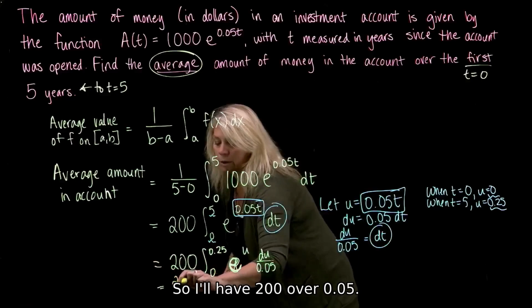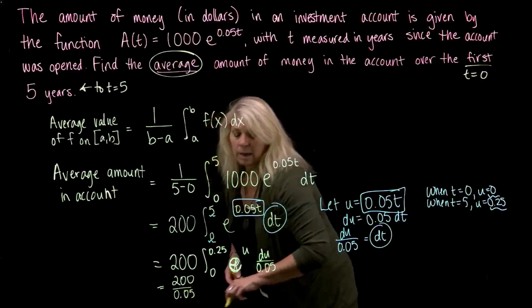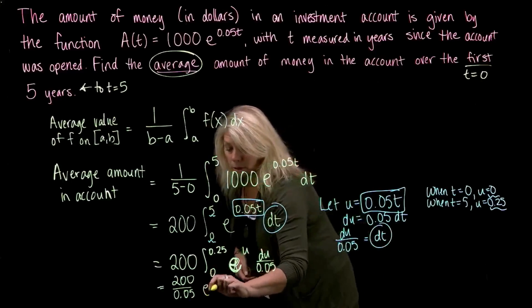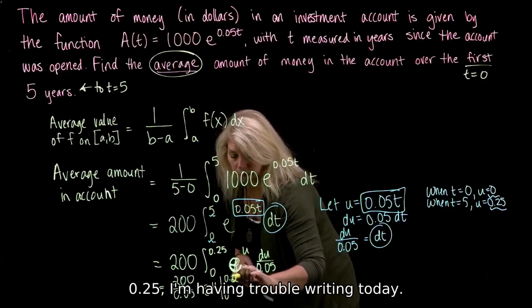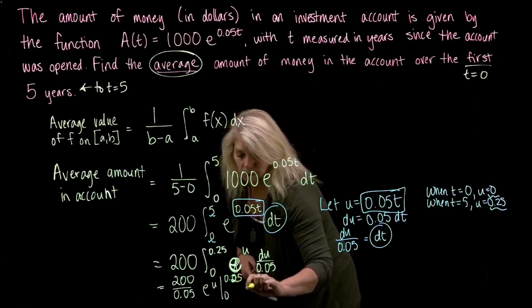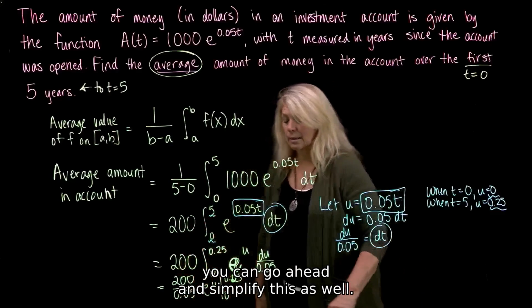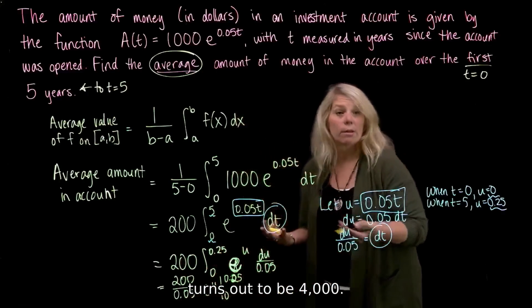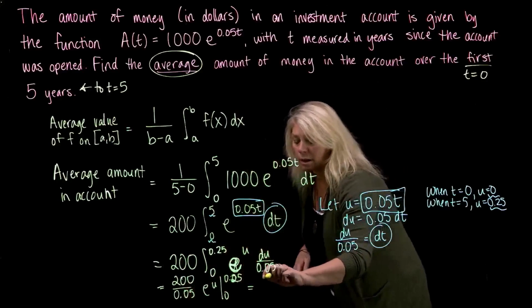So I'll have 200 over 0.05. And then the integral of e to the u du is just e to the u. And I'm going to evaluate that from 0 to 0.25. I'm having trouble writing today. If you want to, you can go ahead and simplify this as well. 200 divided by 0.05 turns out to be 4,000. So you could divide that out or just leave it as 200 over 0.05.